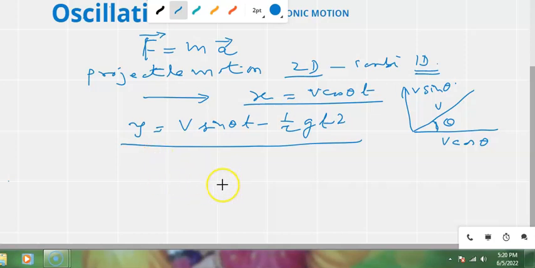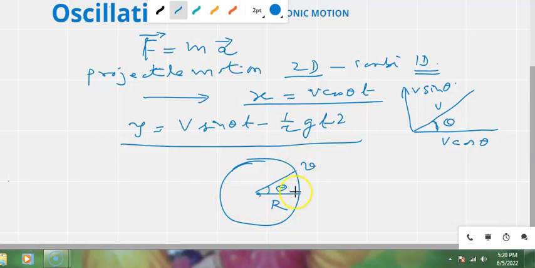We can also discuss another example in 2 dimensions, the uniform circular motion. This is a circle with a radius r. In uniform circular motion the speed is constant, while the velocity is changing. Let us talk about speed v, and an angle theta.